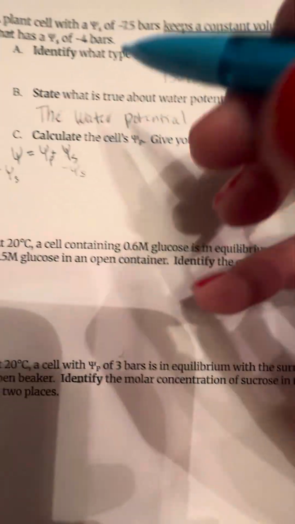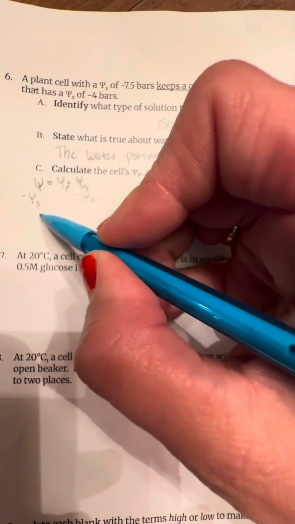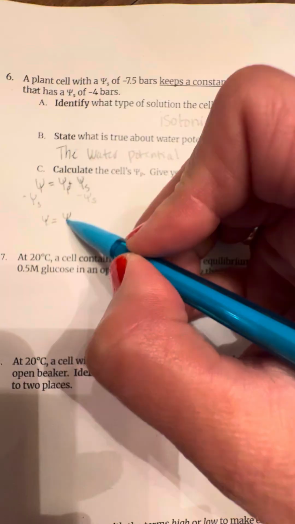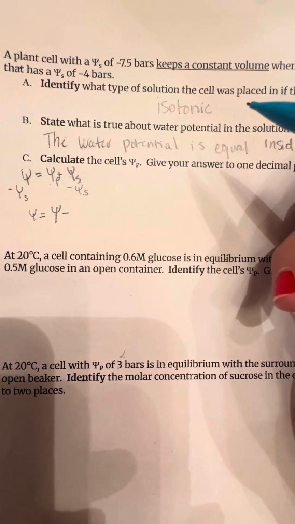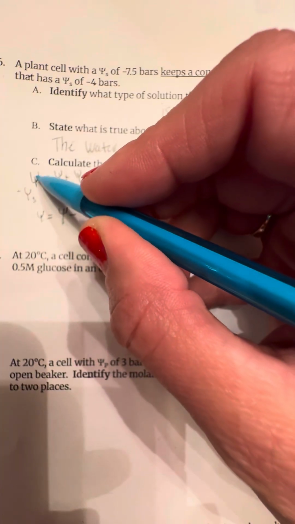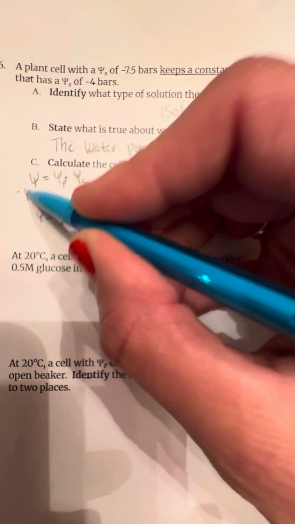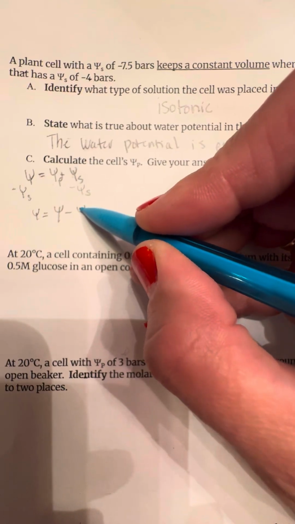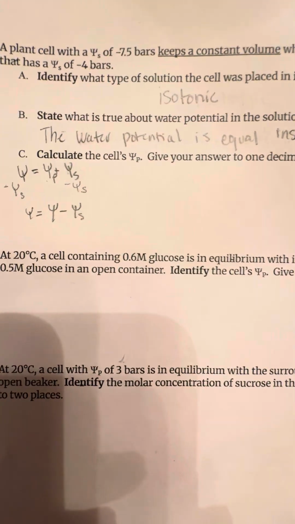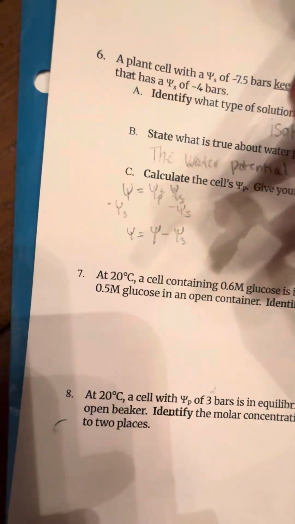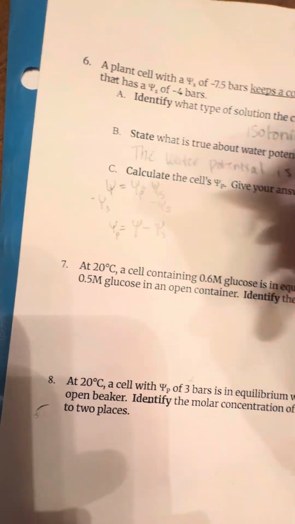And so we're going to end up with our pressure potential being equal to our water potential minus our solute potential. So that's basically this minus this, and that's going to equal our pressure potential. I forgot to put the P there.